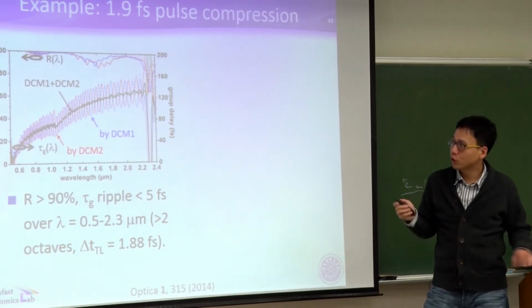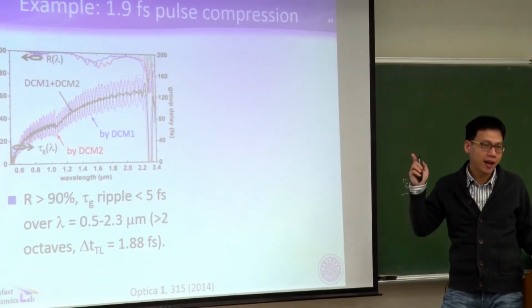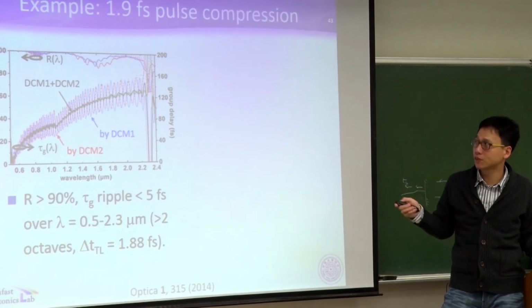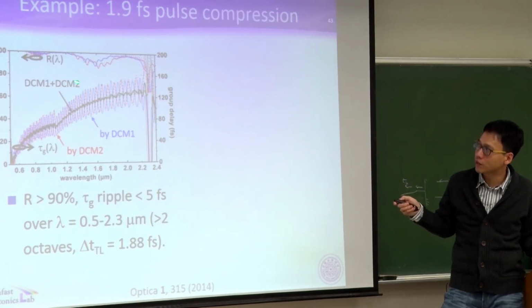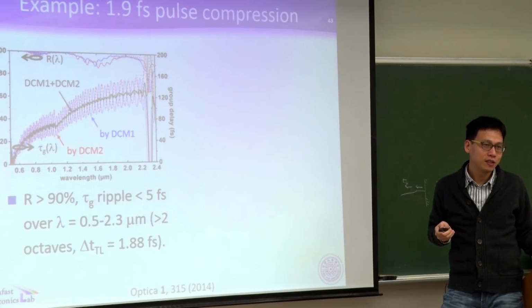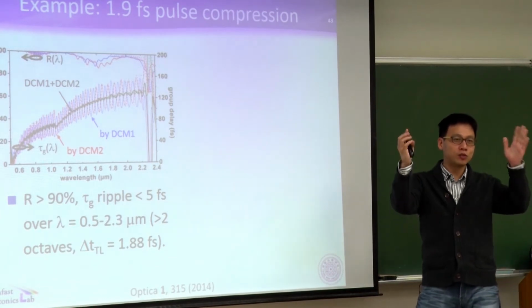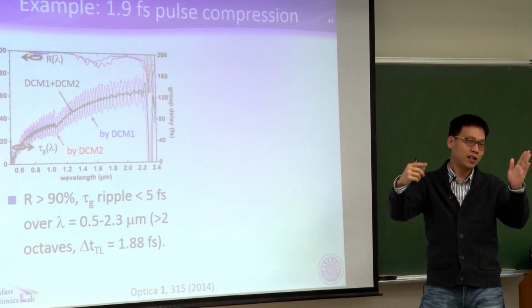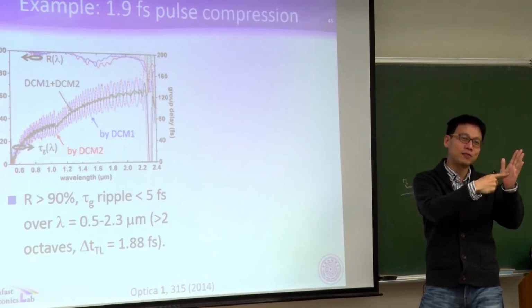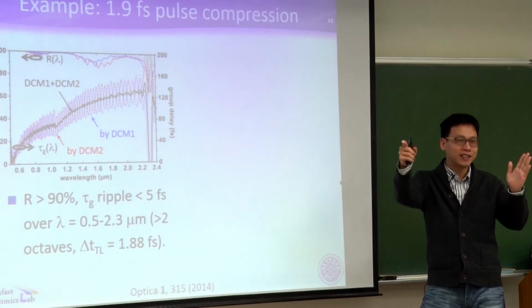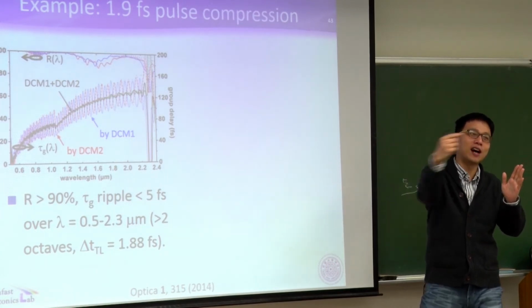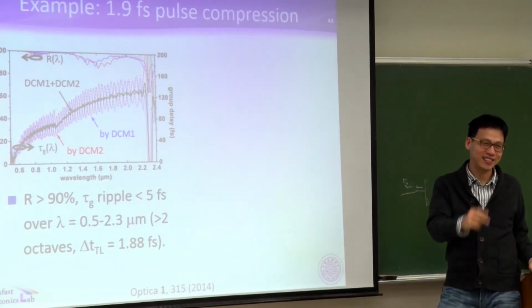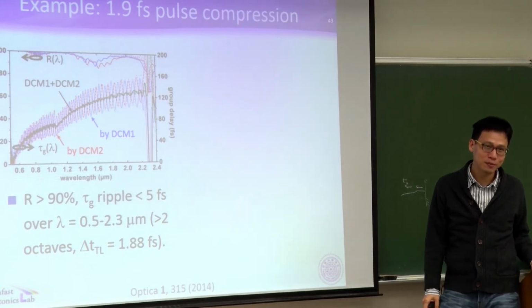Then if you simultaneously access these two DCMs, DCM1 plus DCM2. In practice, it means you have two double chirped mirrors in parallel with each other. Shine the beam, it hits the first one, is reflected, hits the second one and goes out. 你就 access 两个 DCM, 对不对?